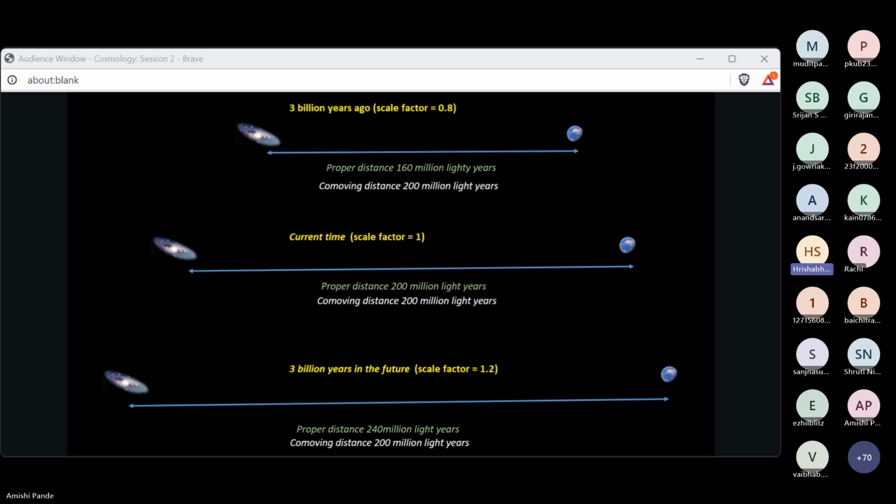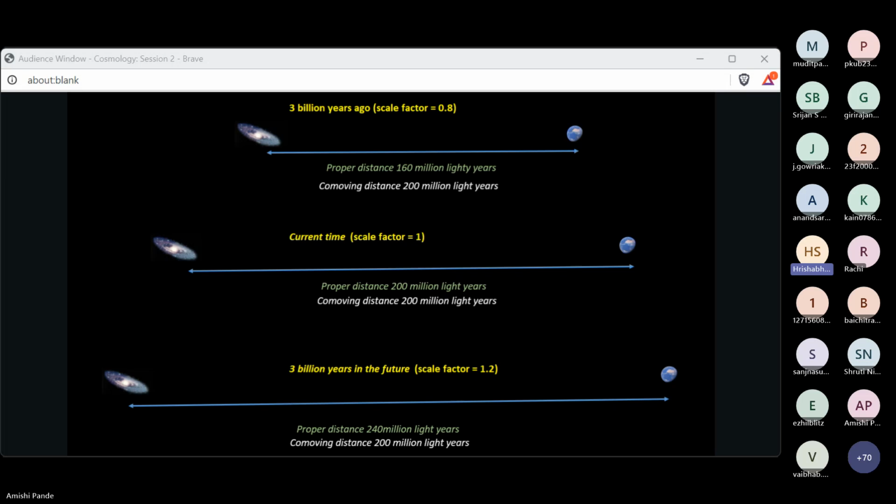Okay. So if you want to determine if that is accurate, we know that the scale factor is a function of time. But what exactly is that function? This is the problem in cosmology that we need to solve. And more interestingly, this is a problem that has not been solved yet.